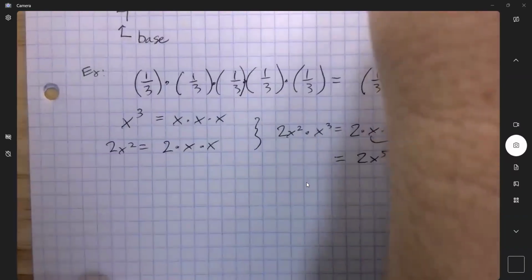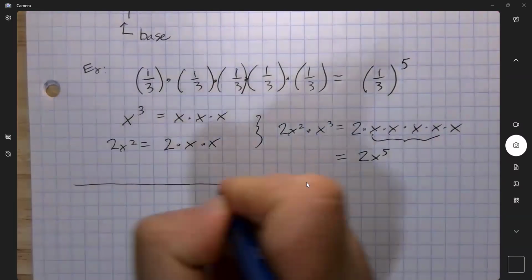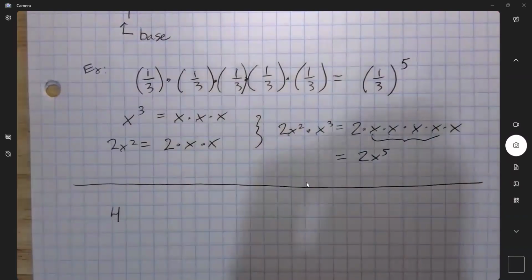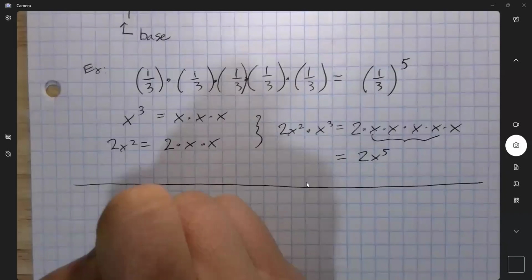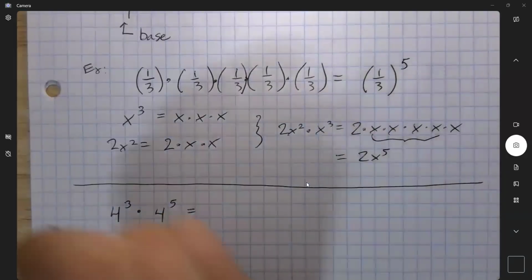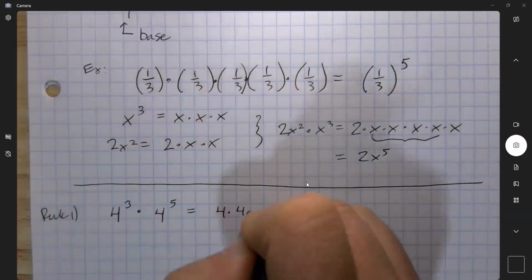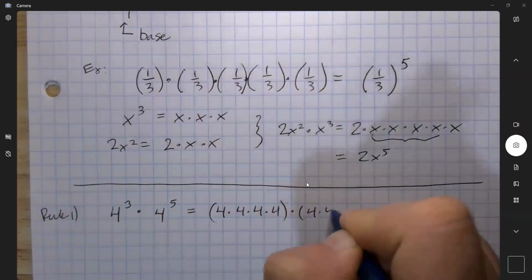And this introduces our first rule of exponents. And that rule says, if I have a number raised to a power, and I multiply that by the same number raised to a different power, the fact that exponentials are repeated multiplication means that I could write it out.